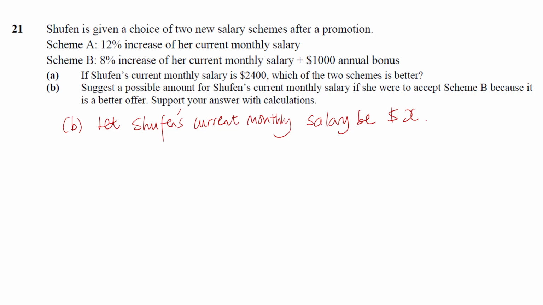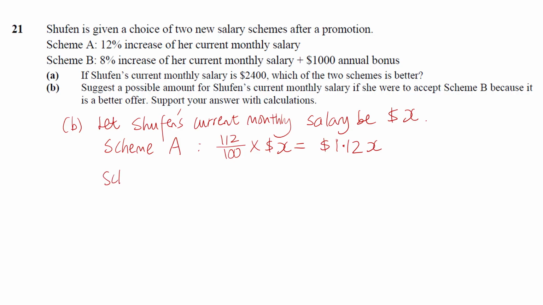So for Scheme A, it will be a 12% increase. So the new salary will be 112 over 100 times X dollars, which gives you, here I go again, it's a habit, so have to change, 1.12x.